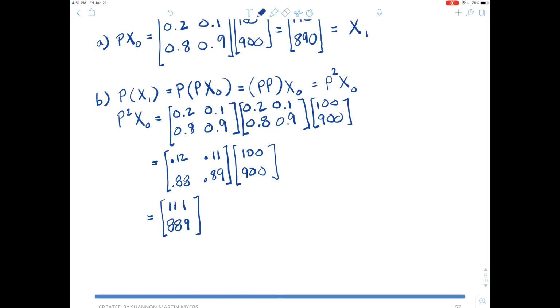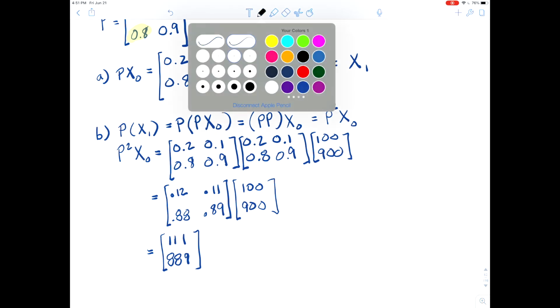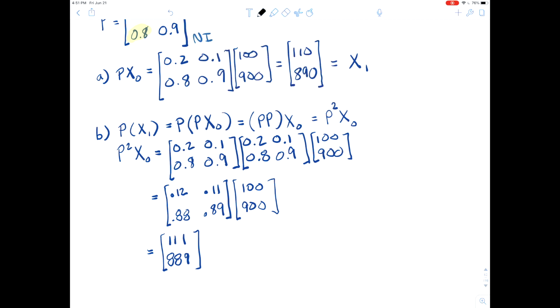Cool so far? So let's put official results here so we have some sort of a conclusion. In this first one, we would answer next week 110 mice will be infected.